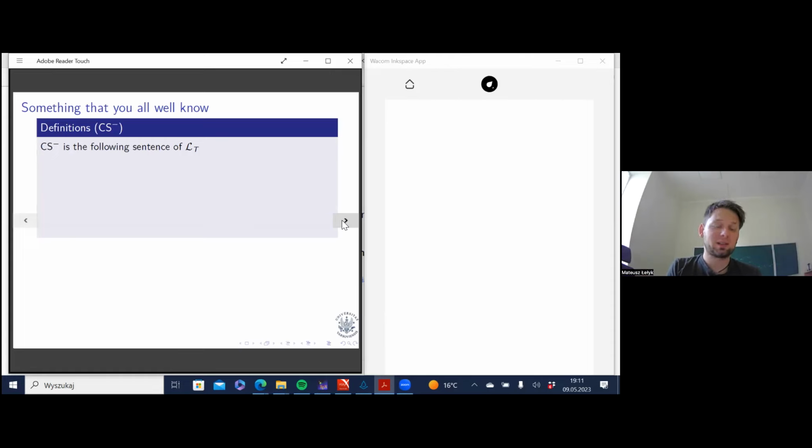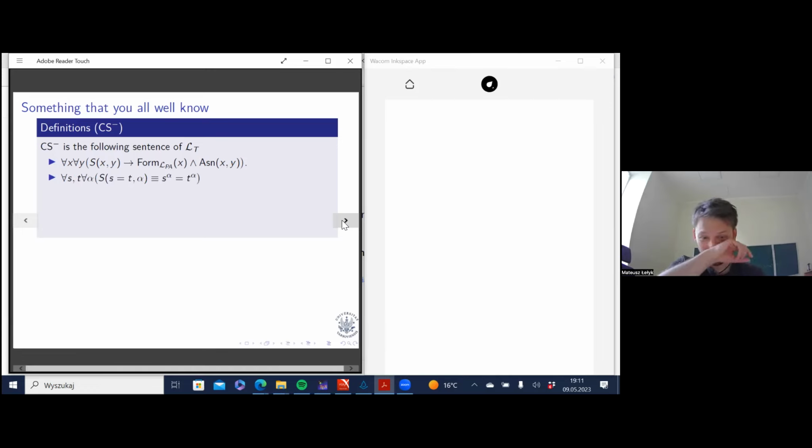So what is a satisfaction class? A satisfaction class is any subset of the model of PA which makes the following sentences true. First of all, the meaning of S of x y is that x is satisfied by an assignment y, and this is the necessary condition spelled out by the first condition.